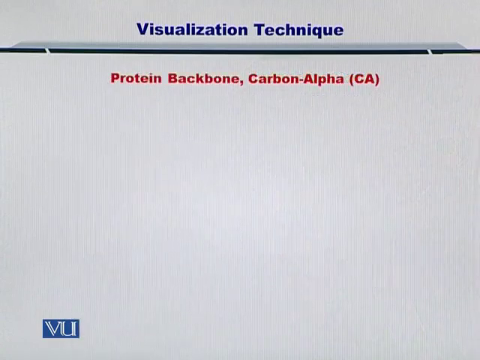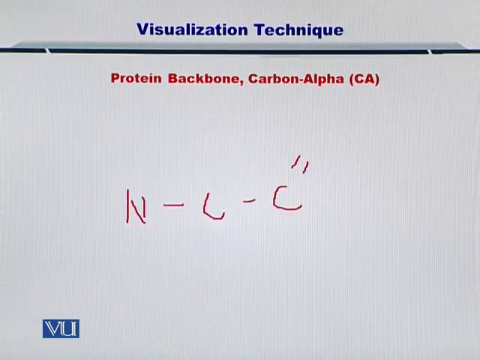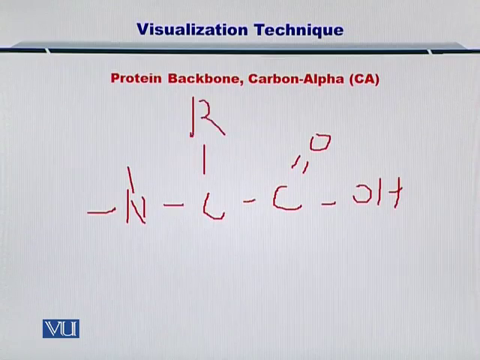You know that the backbone consists of carbons and nitrogen. Let me draw this backbone for you. So this is an amino acid, and this is the location of the R group. This carbon here is called the alpha carbon.